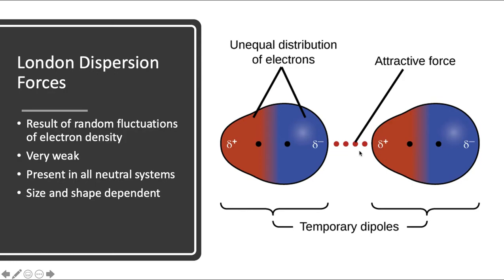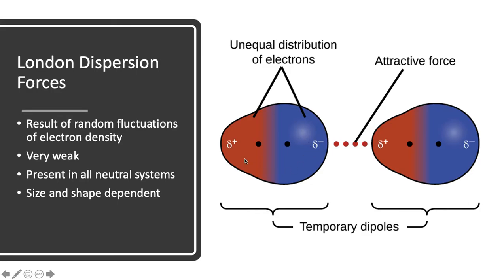We know that same charges repel, so they're going to push the electrons of this atom to the opposite side, leaving a partial positive charge on the side closest to the delta minus here, and then a negative charge is going to form on the other side. Now these will go away as soon as they are formed, so they're temporary dipoles.